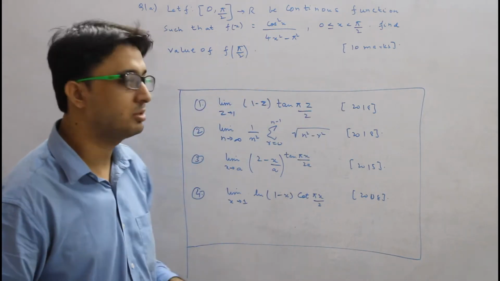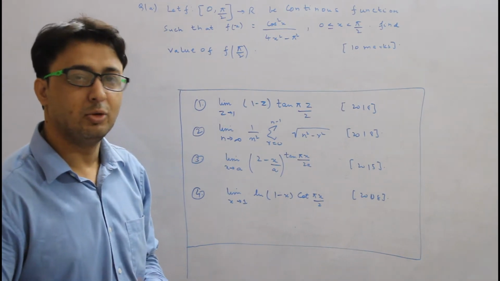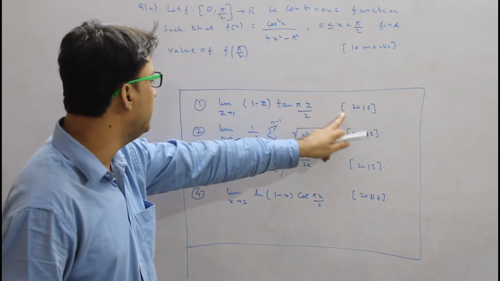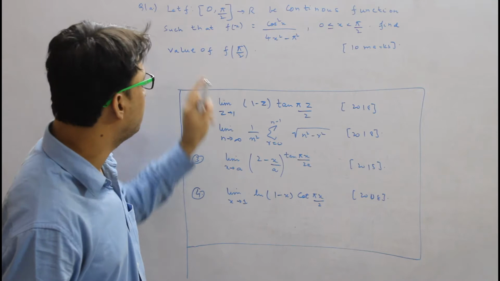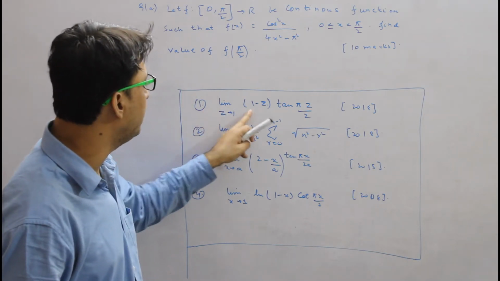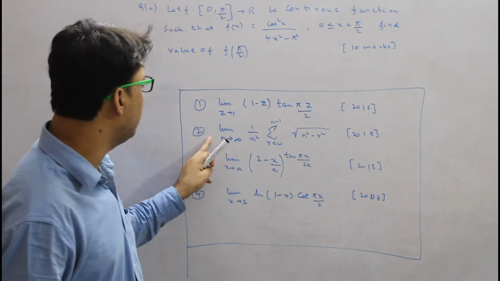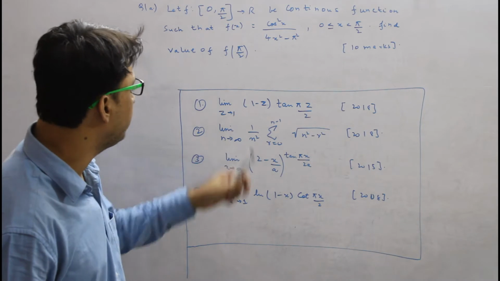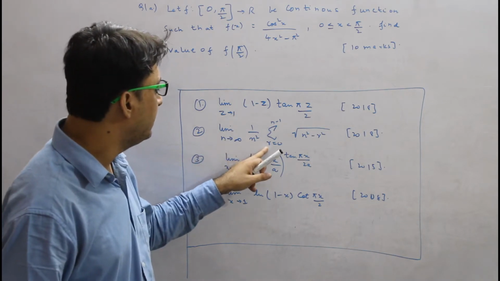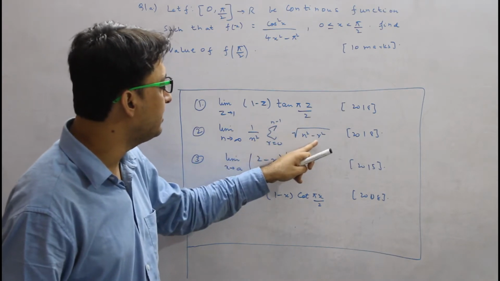Before we start solving this question, was this question on predictable lines? Yes, every year mostly such questions come. In 2018 they asked limit questions, or indeterminate form questions, that is limit z tends to a of 1 minus z tan inverse tan pi z by 2. Also we have to find the limit n tends to infinity of 1 by n square summation r is equal to 0 to n minus 1 under root n square minus r square.